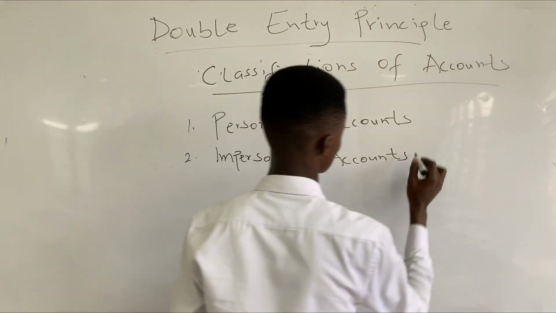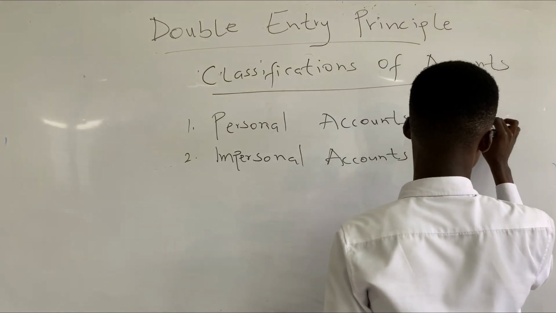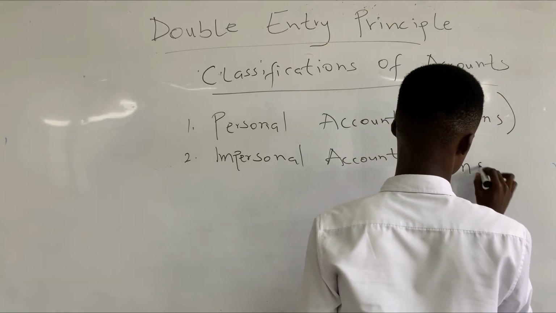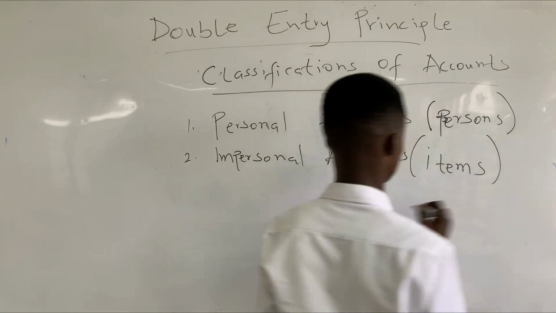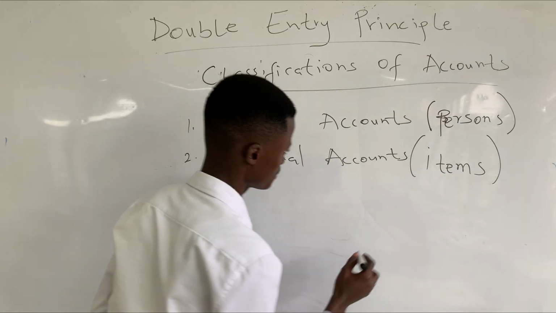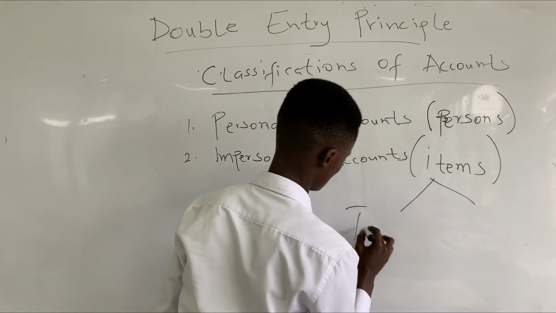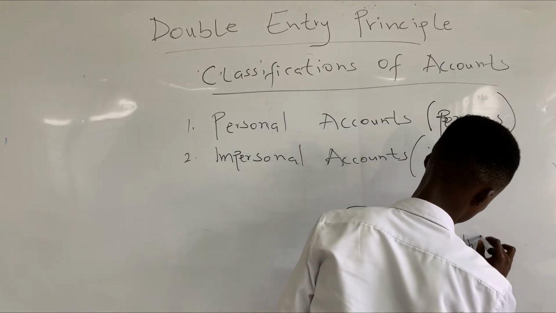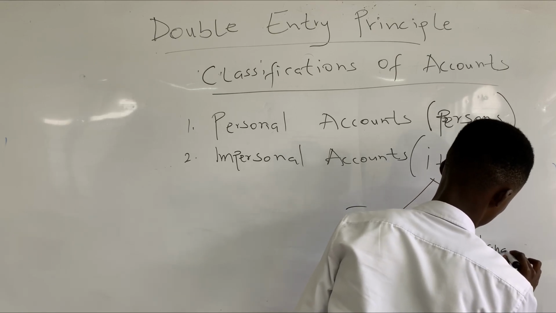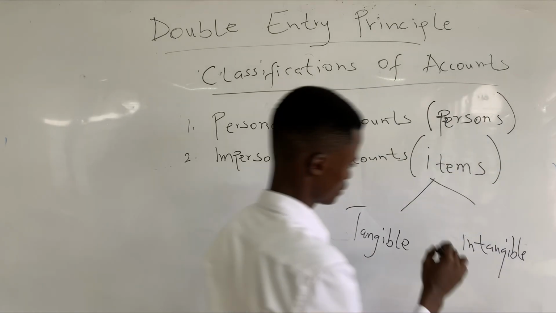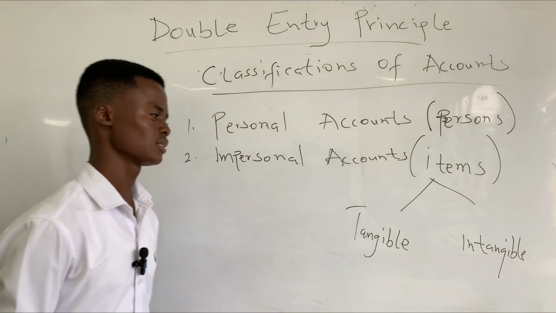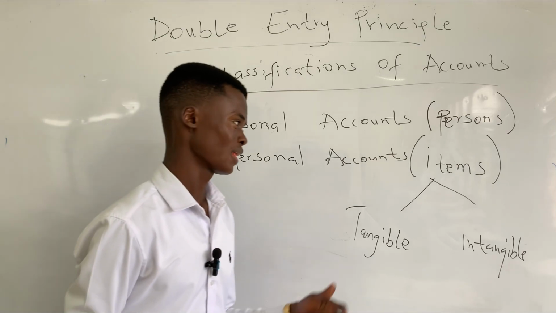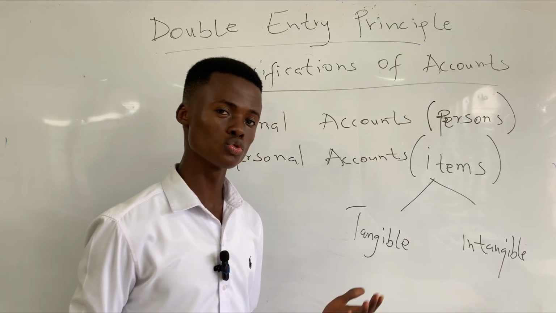So the items, this contains persons, and these items or property. Under the items, it can be both tangible items or intangible items. So the impersonal accounts are further classified into two.